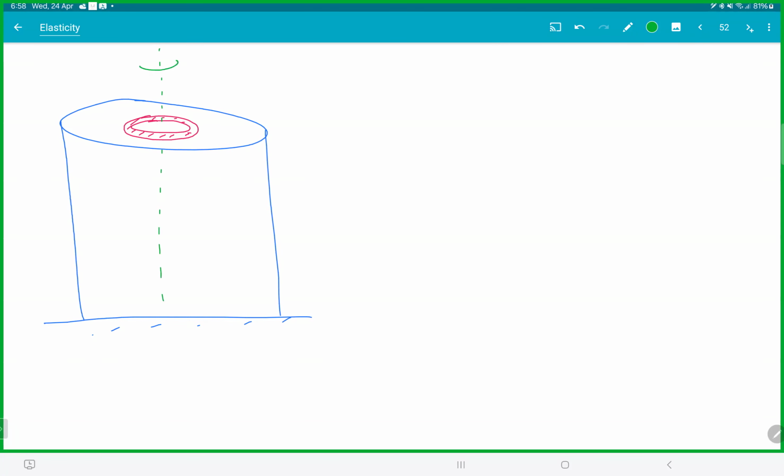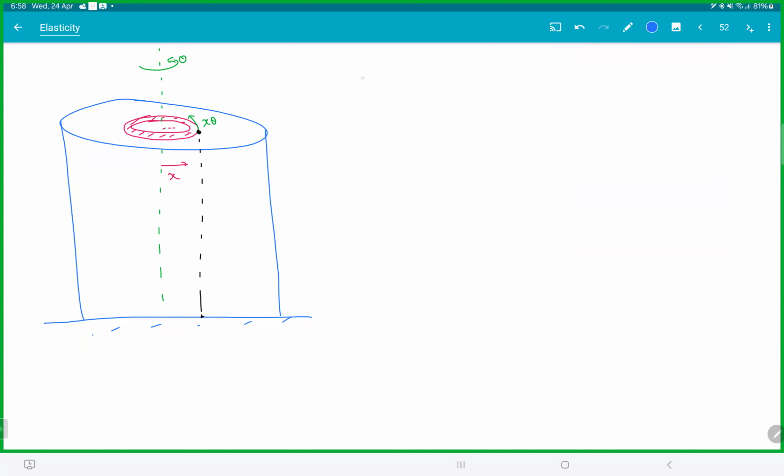Now, when you twist it by theta, this whole thing has moved by how much? X theta. So here you are comparing this point here and this point on the ground. This point has no displacement, but the point exactly on top is moving by x theta.